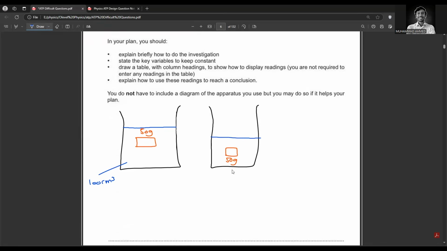Let's say you have two different beakers. One has 100 cm cube of water, the other has 50 cm cube of water. Both have 50 grams of ice cube.